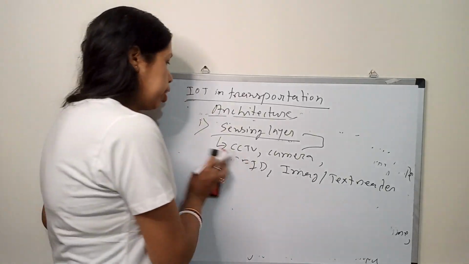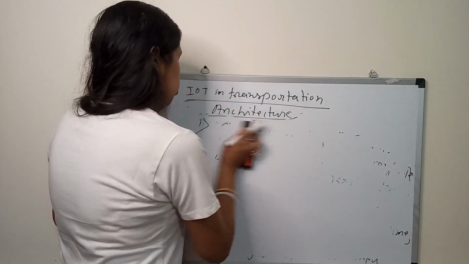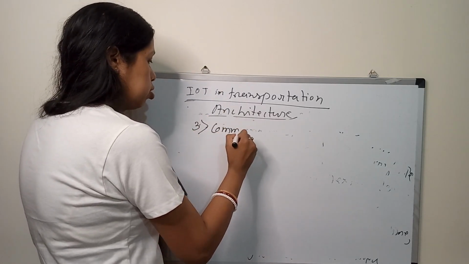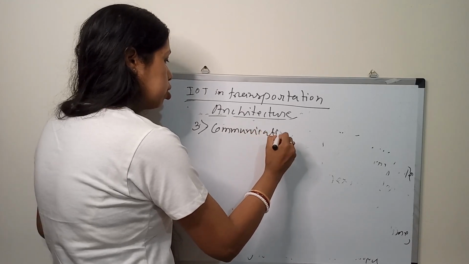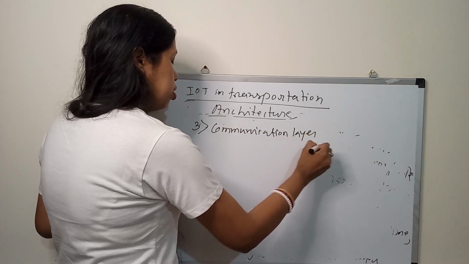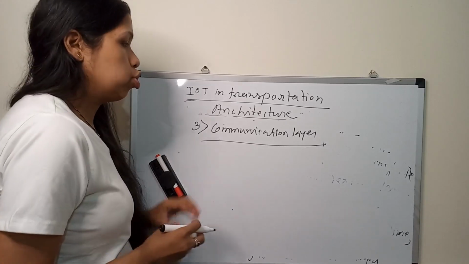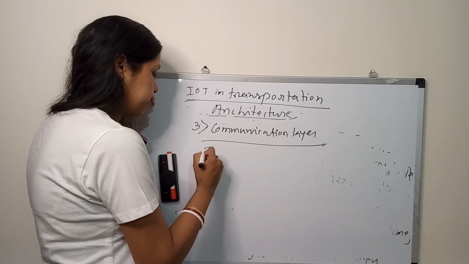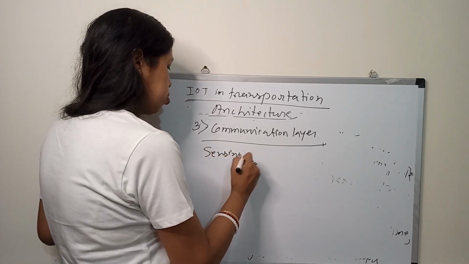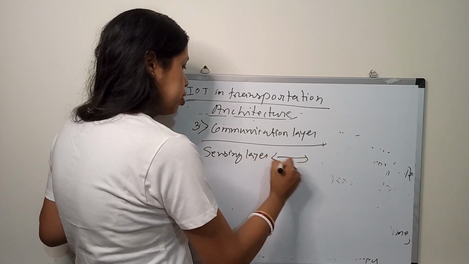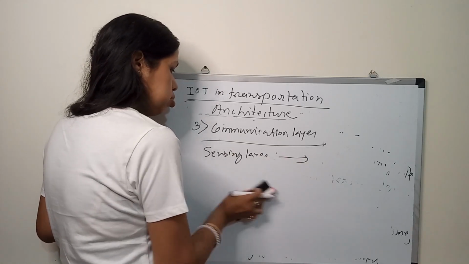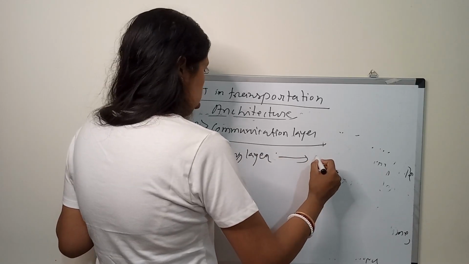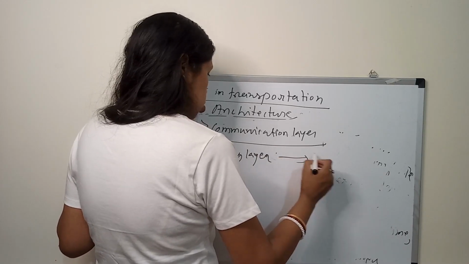Next come to the communication layer. Communication means the interaction between the sensing layer and the service layer.